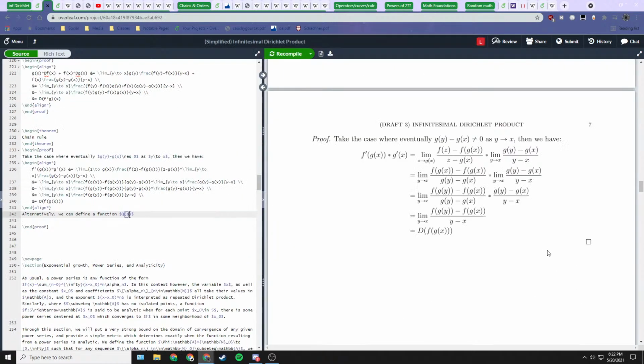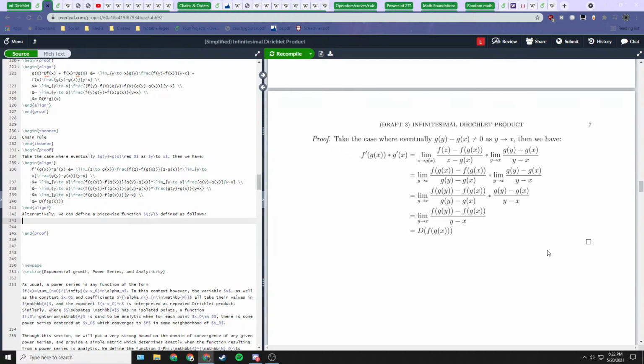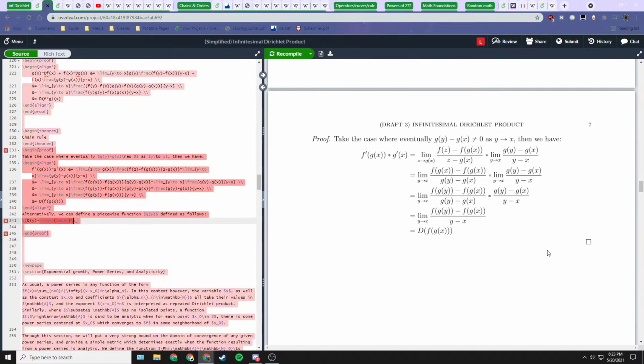So do q of y. We'll do a piecewise function, and the definition for this is we'll have q of y equal to a case function.